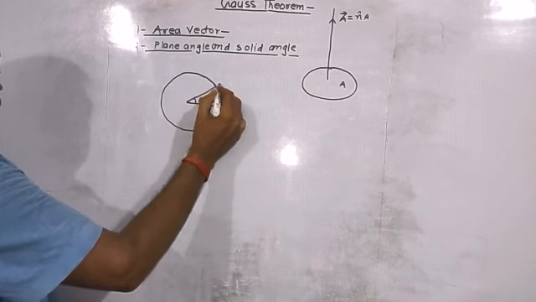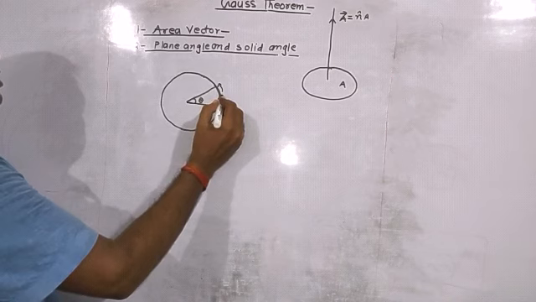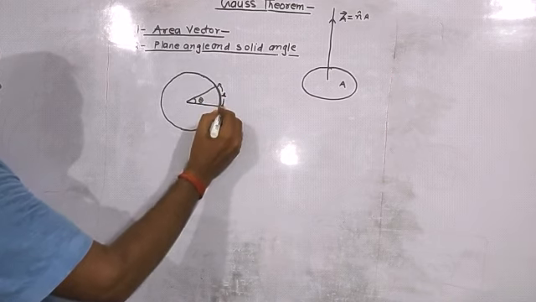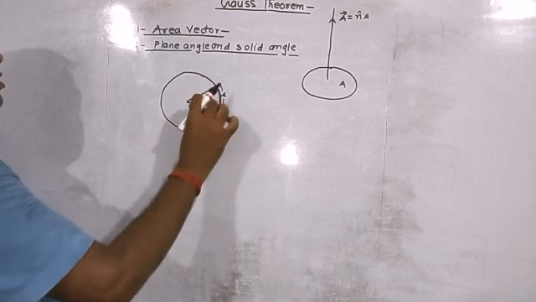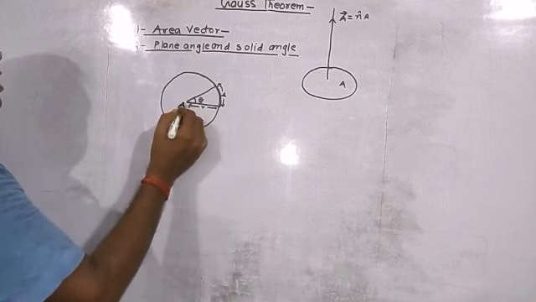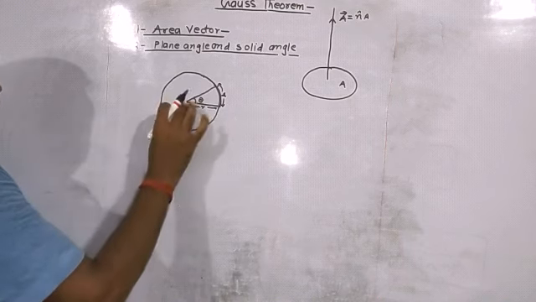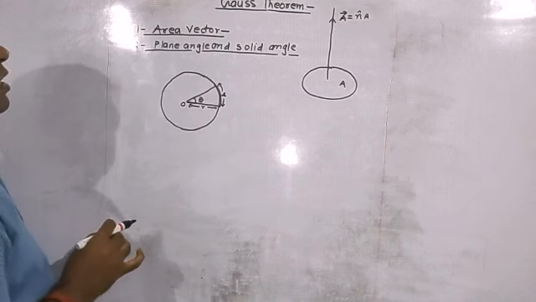Suppose that the length of the arc is L, having radius R. Then this arc is subtending some angle at the center O, and this angle is called the plane angle.